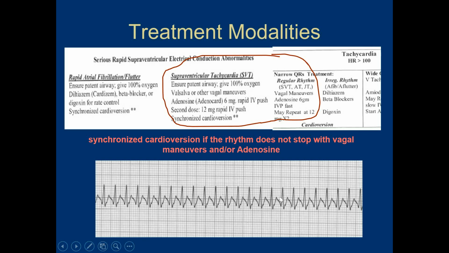And notice how regular it is. What's the drug of choice? What's the treatment protocol? Notice it here. Adenosine, vagal maneuvers, and then more adenosine, and then some more adenosine. And then if it still doesn't stop, then you can do cardioversion. Synchronized cardioversion.